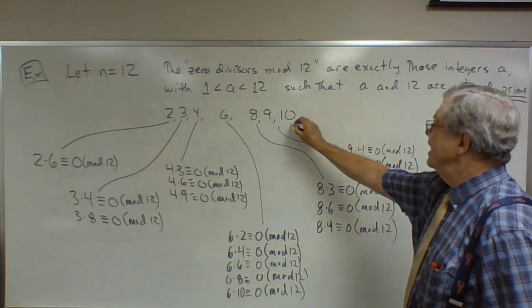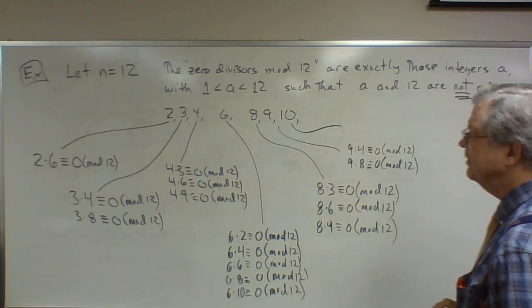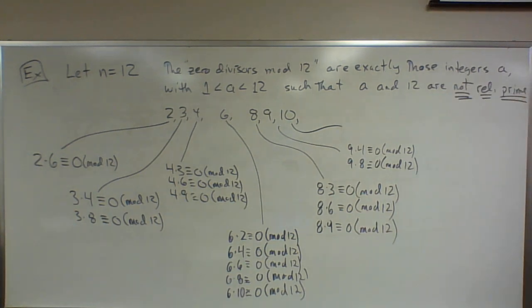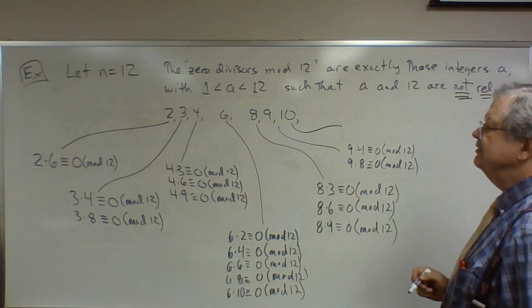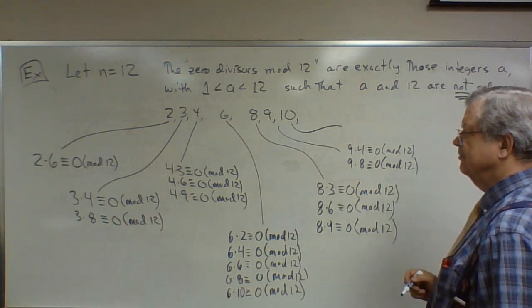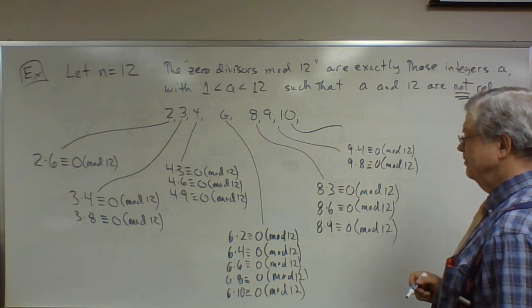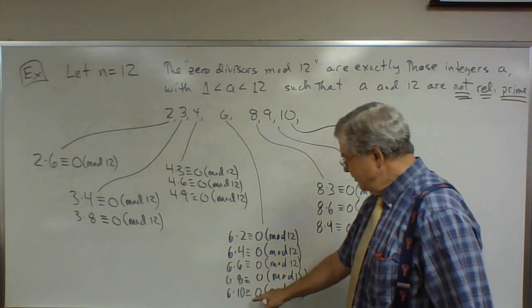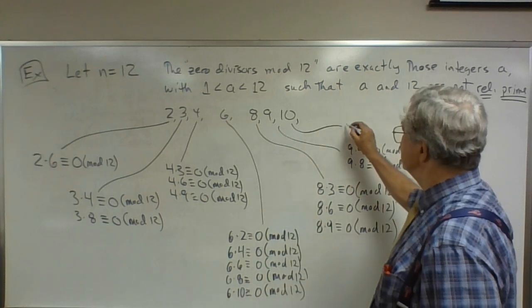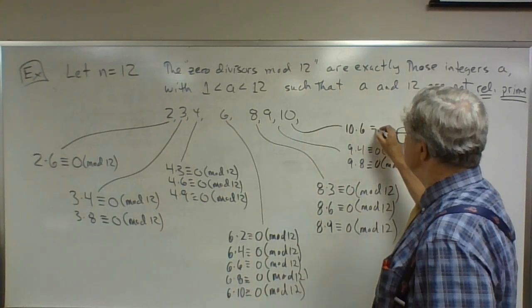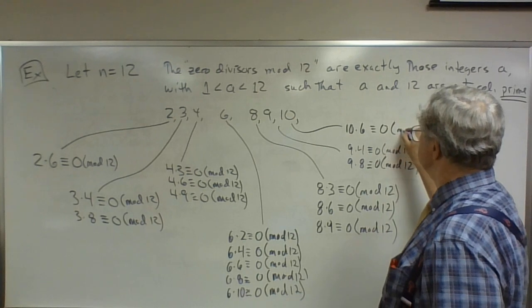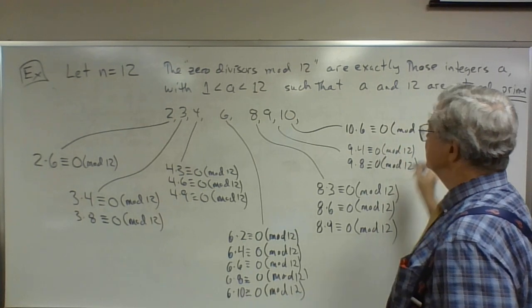Okay, and 10. Have I seen 10 before? Oh yeah, right here. 6 times 10 is 0 mod 12, so 10 times 6 is congruent to 0 mod 12.